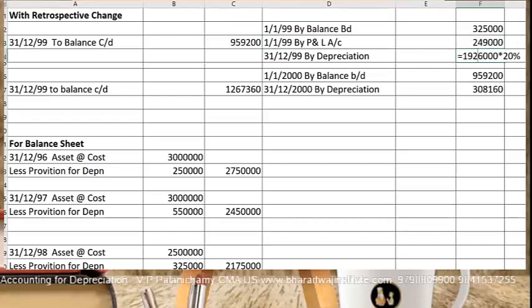By depreciation, 19,26,000 into 20%. Next year, 19,26,000 minus 3,85,200 will give WDV, that into 20%.